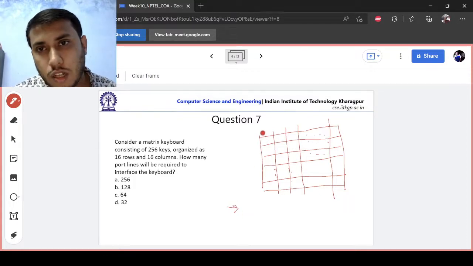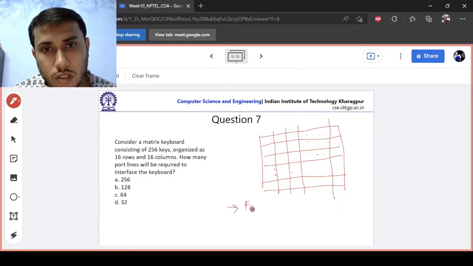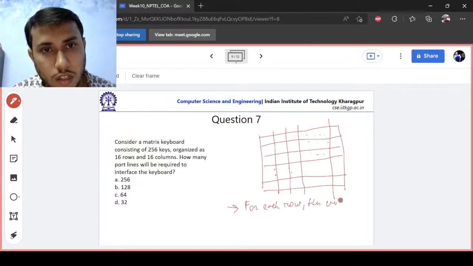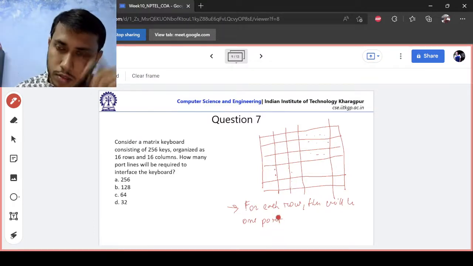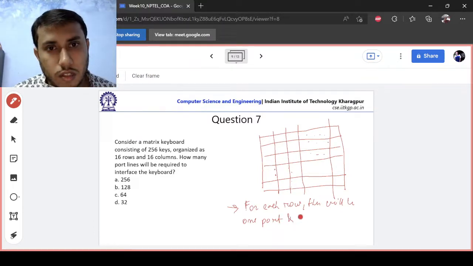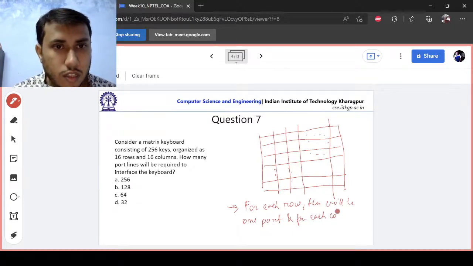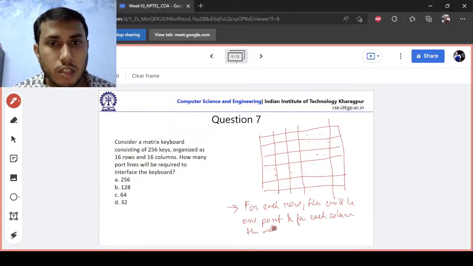Like for each row, there will be one port, and for each column there will be one port.